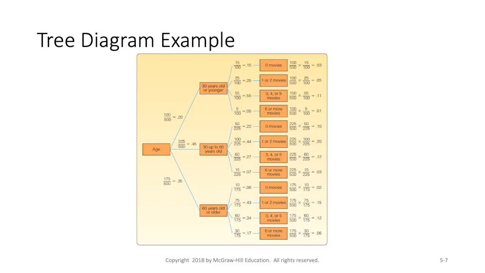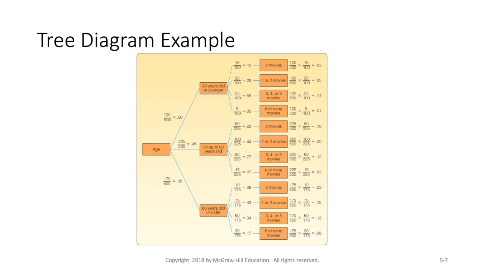you'll see this is the tree diagram. We start here with the age, and the probability that they are 30 or younger is right here, the 100 divided by 500 or 0.2. The probability that they're 30 to 60 is here at 0.45, and then 60 or older, 0.35.